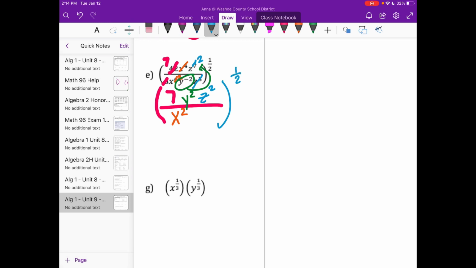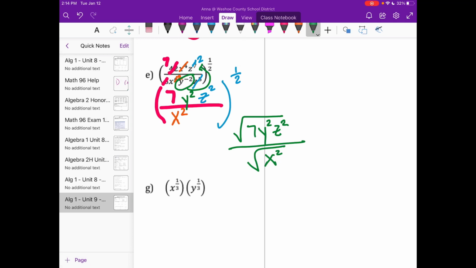Okay, so again, rather than distributing your 1/2 to everything, we're going to just put it in its radical form on top and on bottom, and let's see who we can break out. So the 1 means I write it once, so radical 7y squared z squared one time over radical x squared one time.